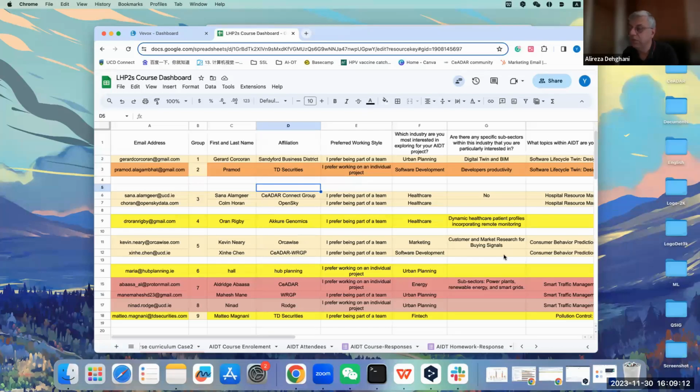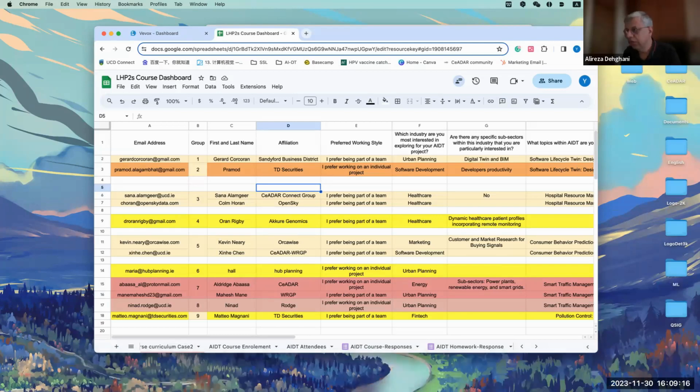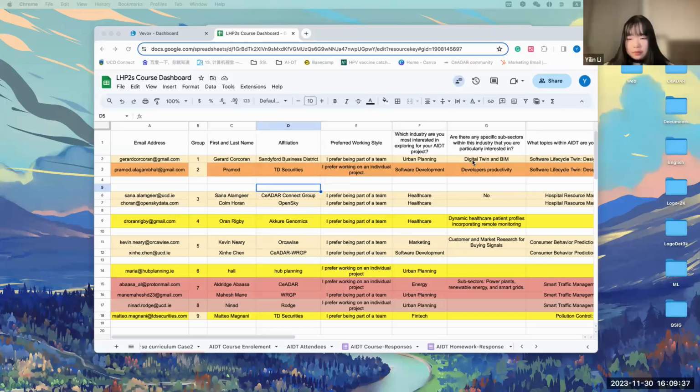Whenever you need help, you can make a comment in the spreadsheet and mention Yilin, and Yilin and I will answer the question and work together. Hopefully, in the last session of the course, some of you who are interested in presenting what you have developed can do so in the class. I hope that's something you'd like to do.